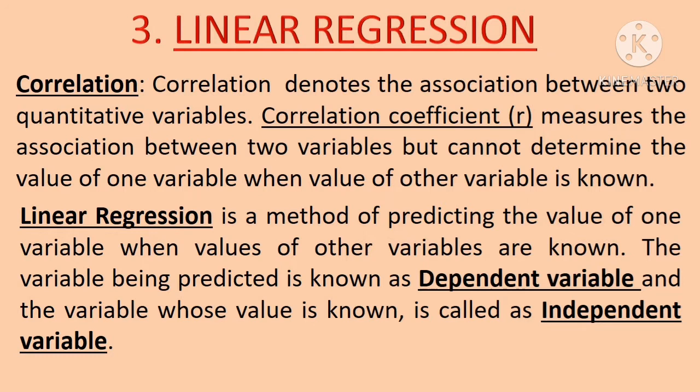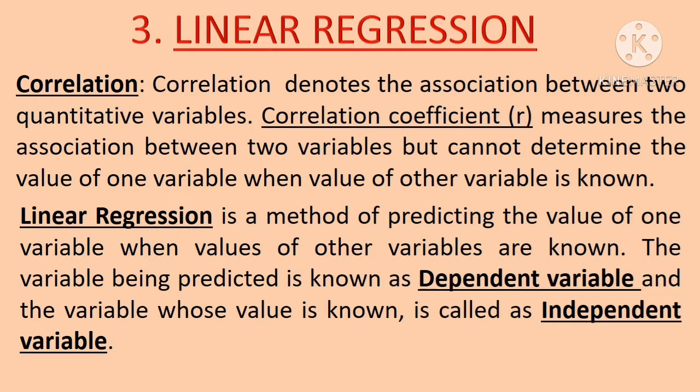See students, in the 11th standard you have studied about the correlation, which denotes the association between two quantitative variables. Then you have also studied about the correlation coefficient, which measures the association between the two variables. But the problem is that the correlation coefficient cannot determine the value of one variable when the value of the other variable is known.